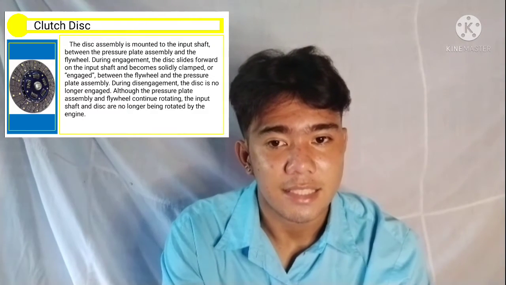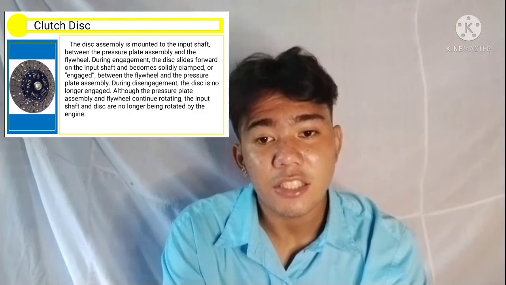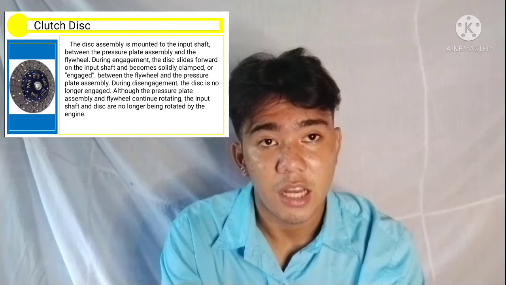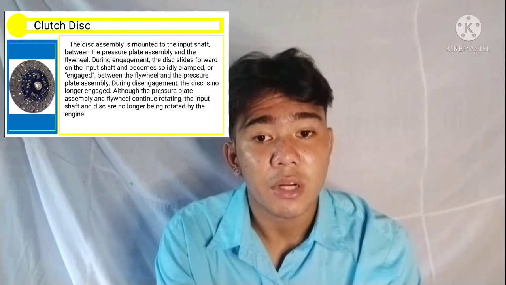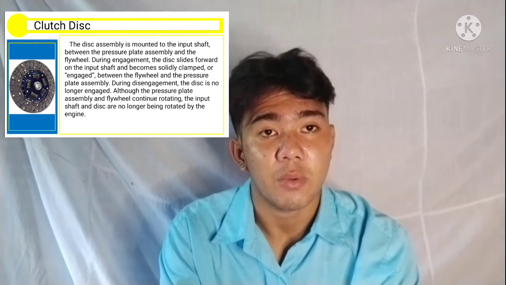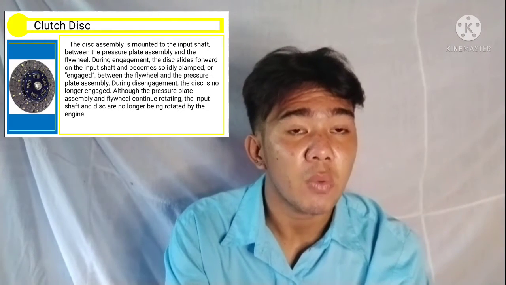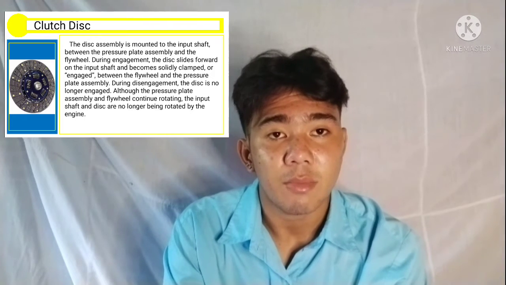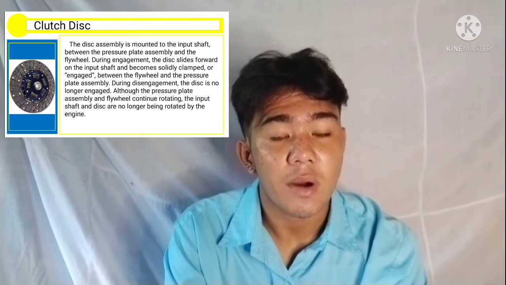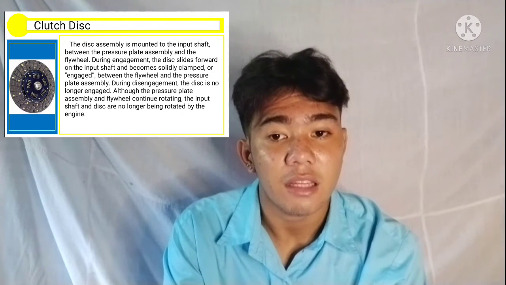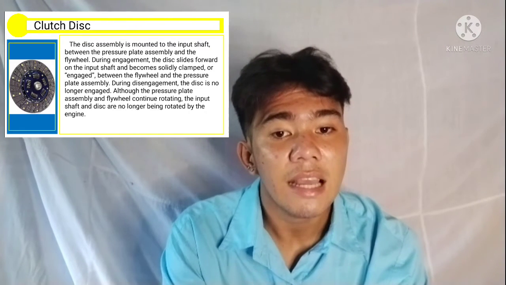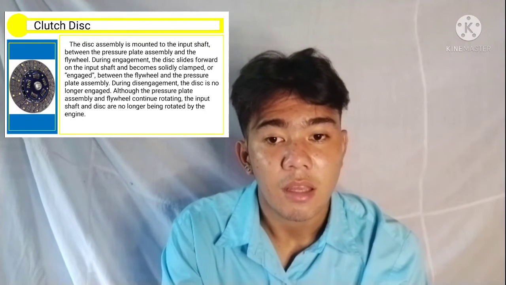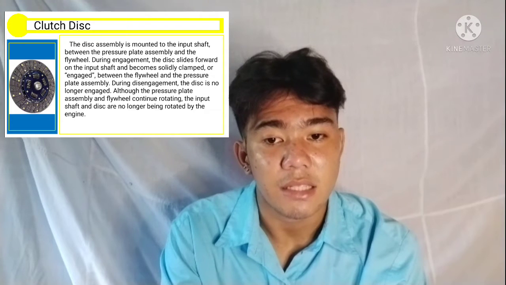So next, let's proceed to the clutch disc. The clutch disc assembly is mounted on the input shaft between the pressure plate assembly and the flywheel. It is in between the flywheel and the pressure plate. During engagement, the disc slides along the input shaft and becomes solidly clamped between the flywheel and the pressure plate assembly.